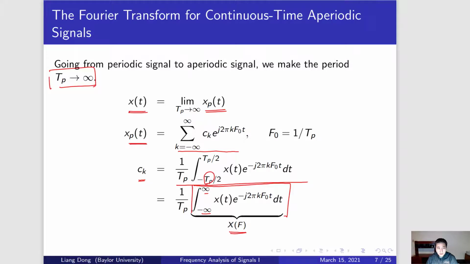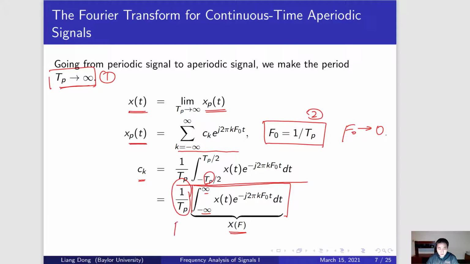So now we know what we do for an aperiodic signal extension from the periodic signal. First, the period becomes infinitely large. Second, we need to deal with f0. f0 is the fundamental frequency, so it's the inverse of t sub p. When t sub p approaches infinity, f0 approaches 0, a very small number. It is right here, this part.